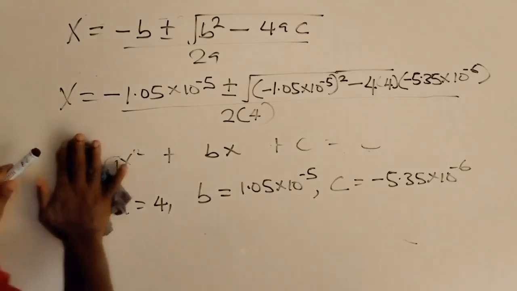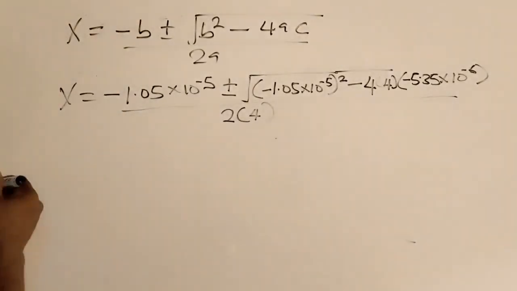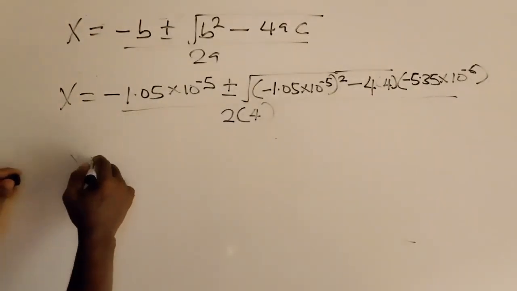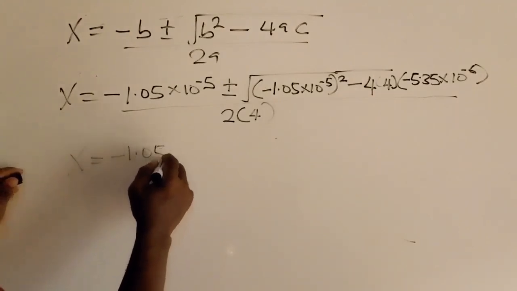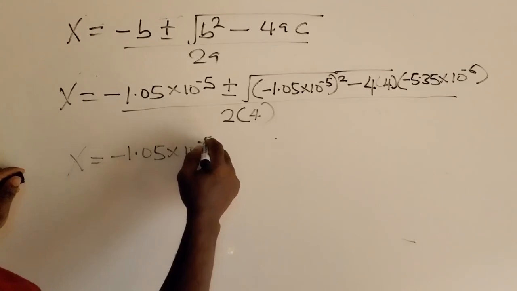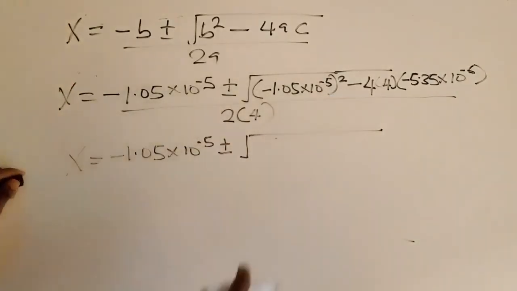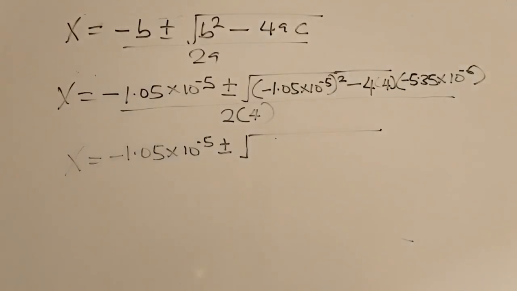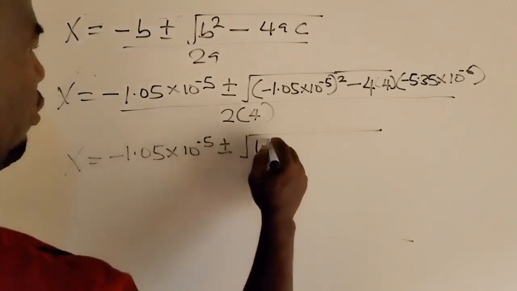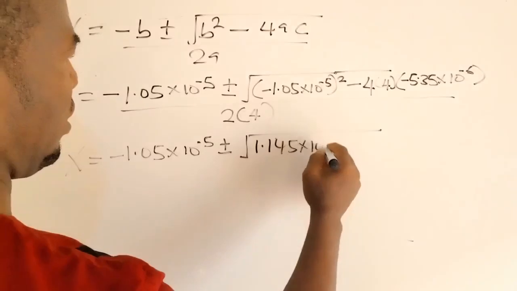We're going to have S equal to minus 1.07 power minus 5 plus or minus, we now expand what we have inside the bracket. Minus 1.07 to the power minus 5 all squared will give us 1.145 to the power minus 10.